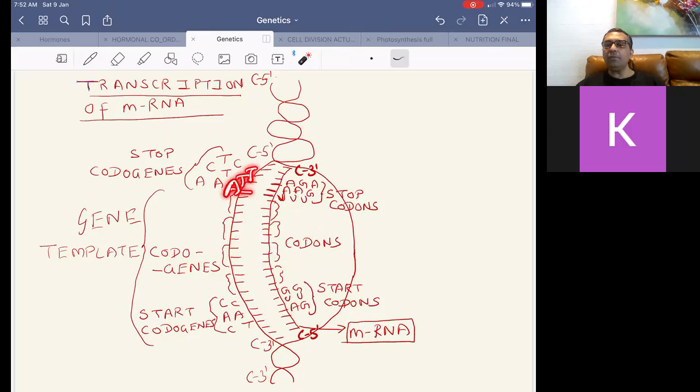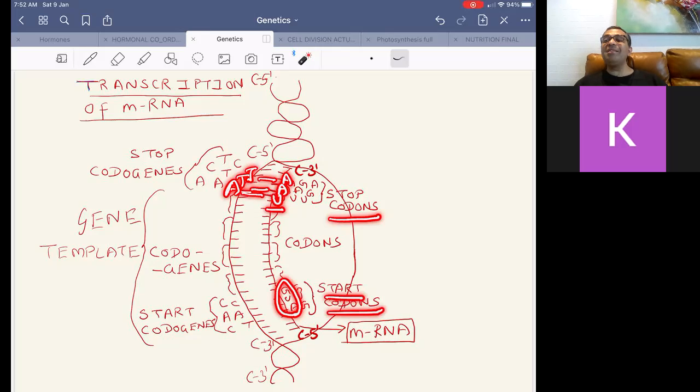ATT. Then on the mRNA it will form UAA, and UAA is called a stop codon. If you remember, AUG was the start codon, and the start codon starts protein synthesis. Then we have 1,000 codons which will continue protein synthesis.